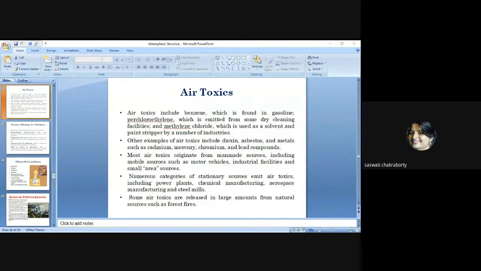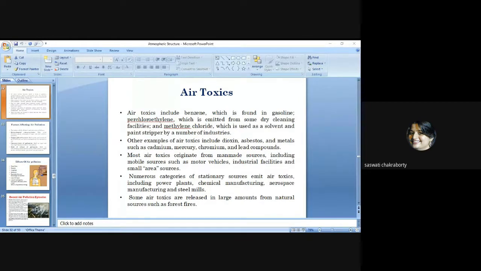Air toxics originate from man-made sources, and they include motor vehicles, industries, power plants, chemical manufacturing industries, as well as steel mills. I also discussed forest fires.